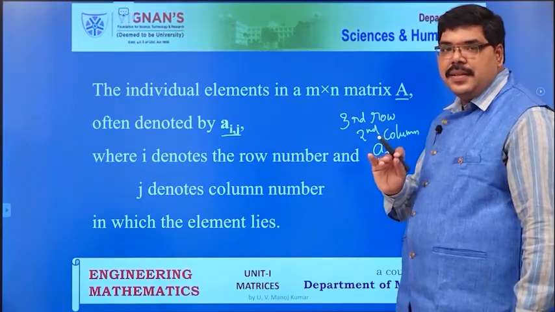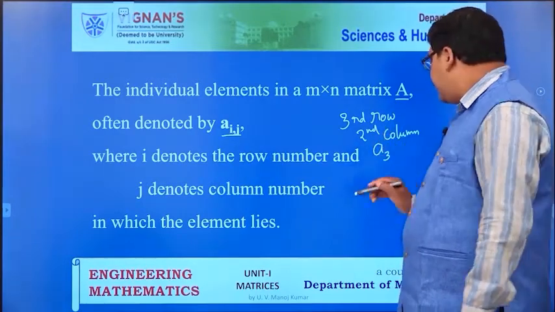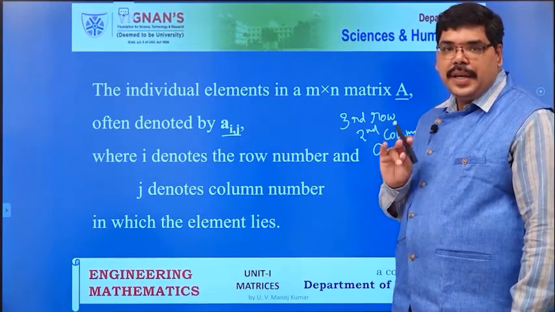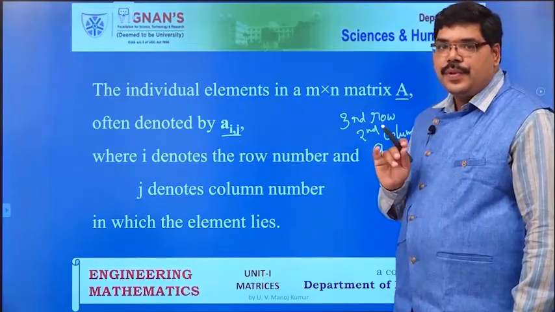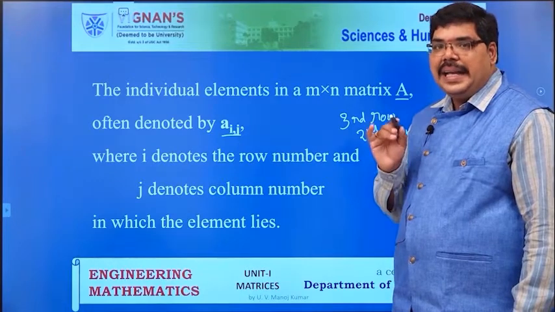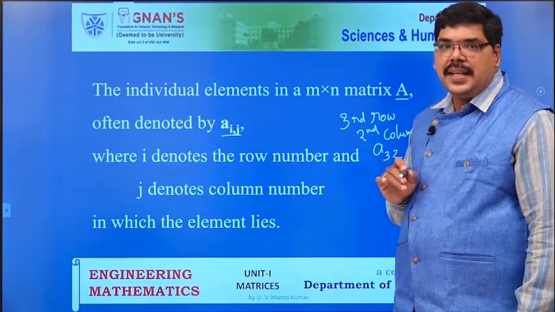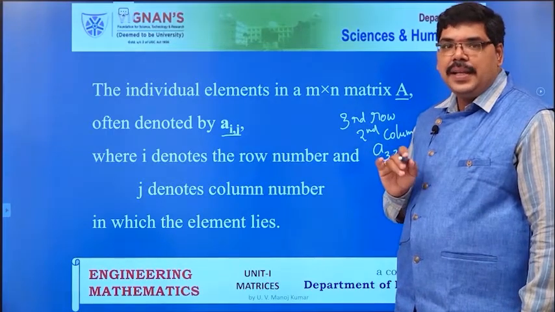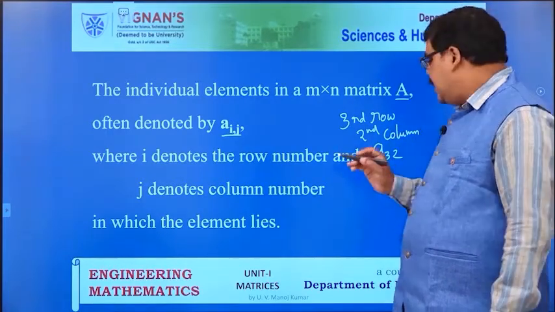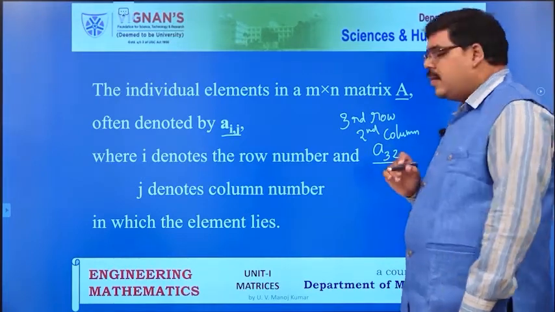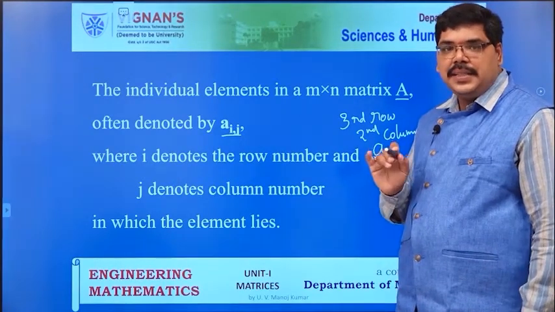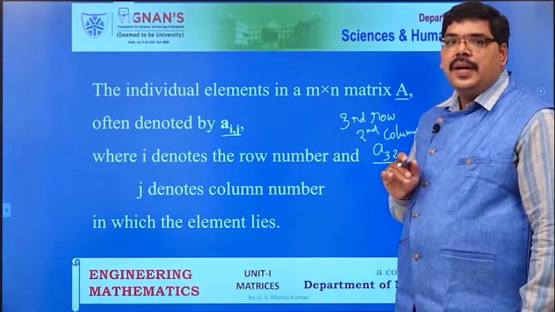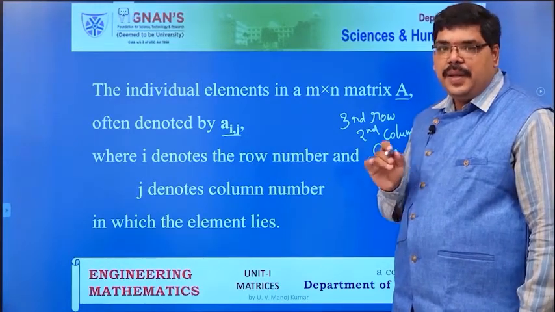The first suffix is related to row number, the second suffix is related to column number. If an element is there in the third row, second position, then we denote it by A suffix 3 2. In this way, we denote an individual element in a matrix.